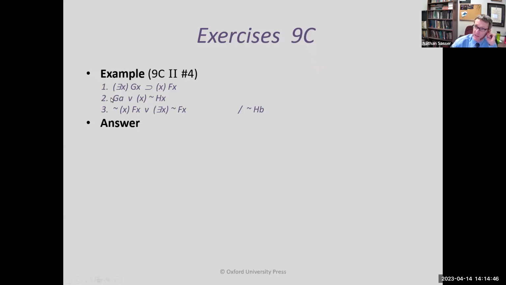So in other words, either a is g, or nothing is h. All right, and then line 3, we've got it's false that all x are f, or some x is not f. And what we're trying to get to is it's false that b is h.